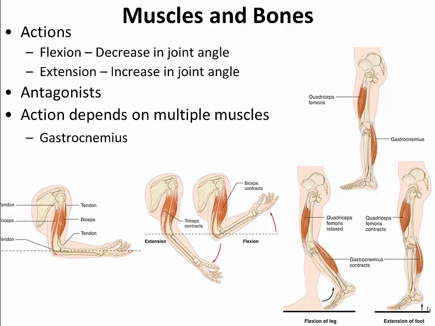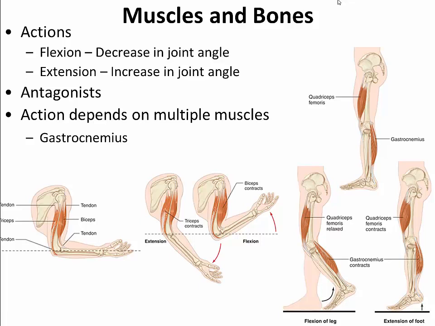When we flex our arm, we are measuring the angle between the upper arm bones and the lower arm bones, so here we'd have 90 degrees, and then here we have extension. In extension we're increasing the joint angle, and in flexion we're decreasing that joint angle. That's true, and we can apply that to any of the joints in our body.